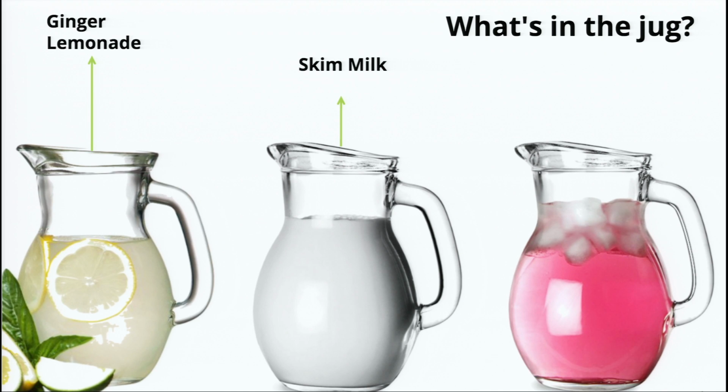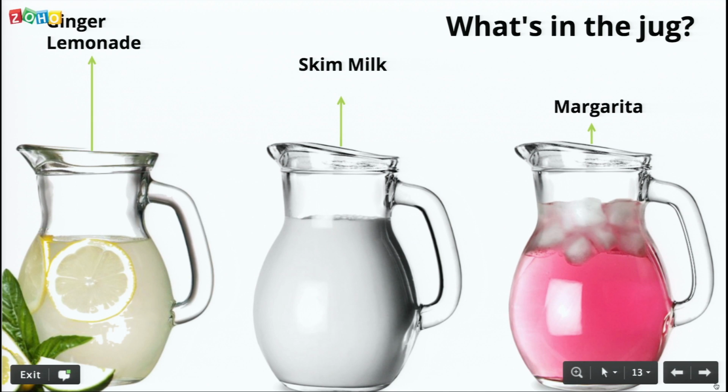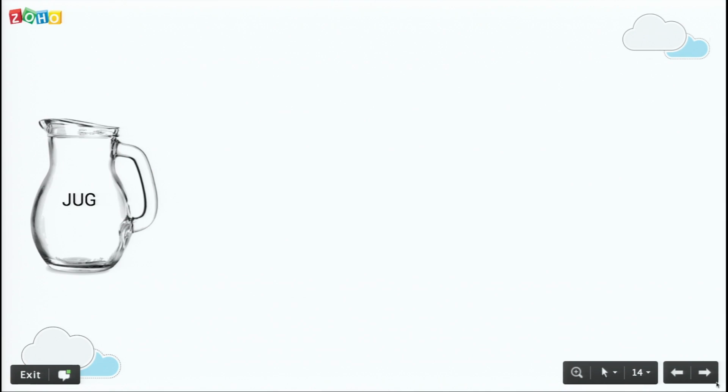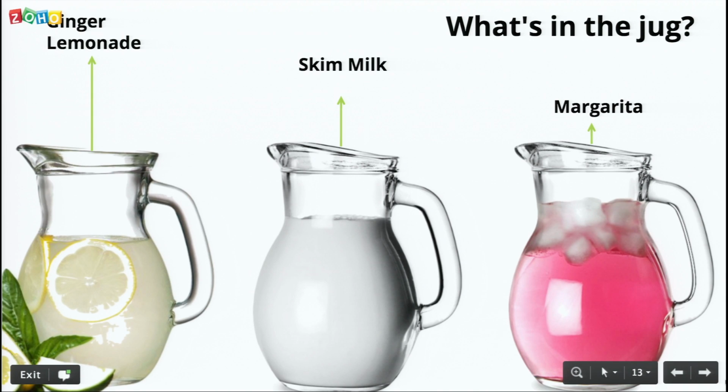So what is this? I believe cranberry. Okay. I named it differently. I named it Margarita. Right? So the container can contain anything. This jug can contain any such drink.